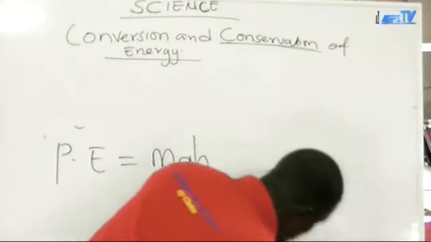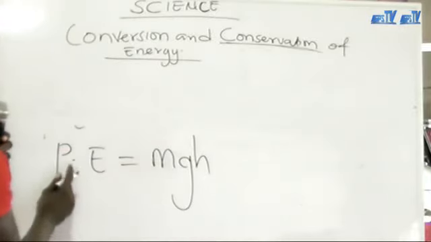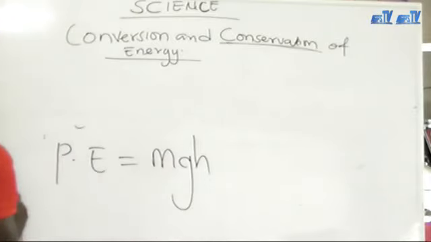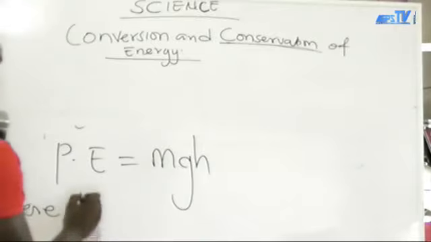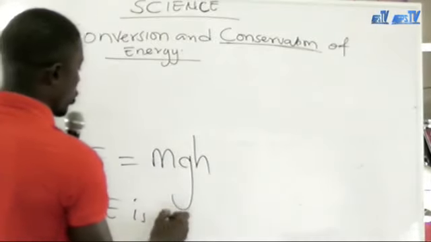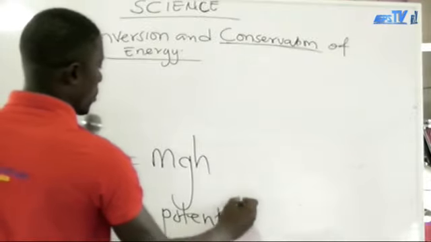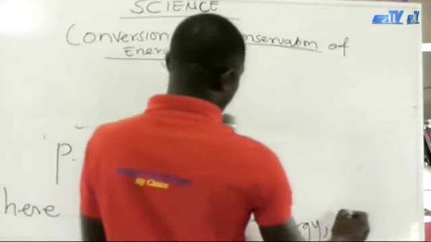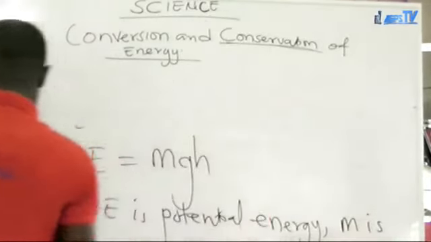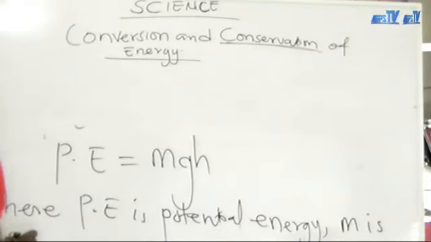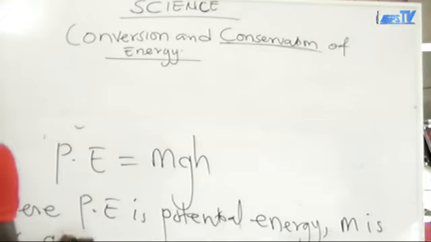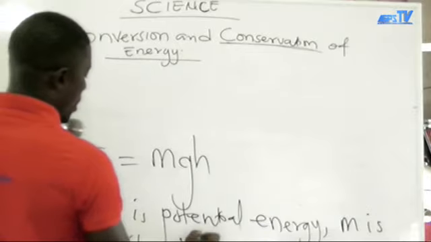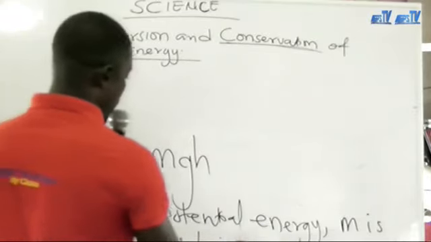And if you remember the formula, you can write P is equal to mgh, where P is potential energy, m is mass, g is gravity, and h is height.